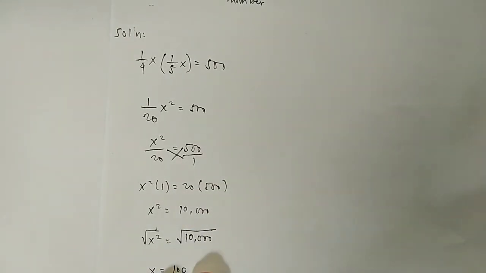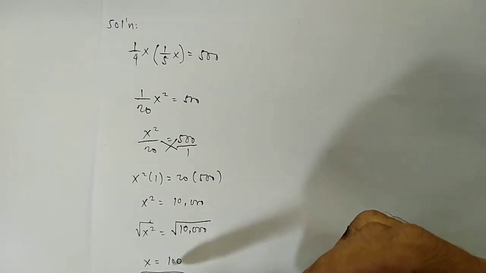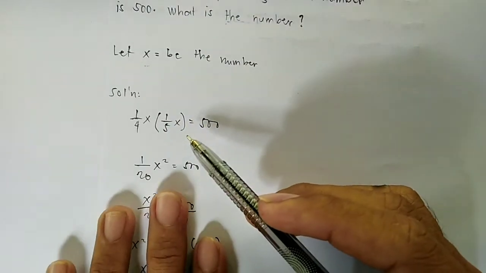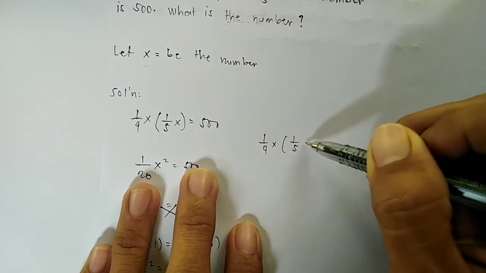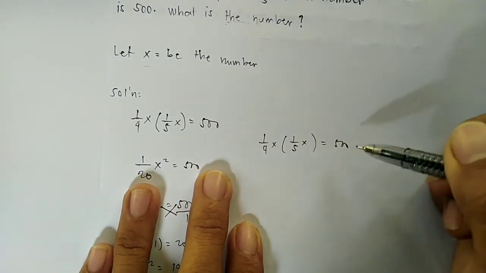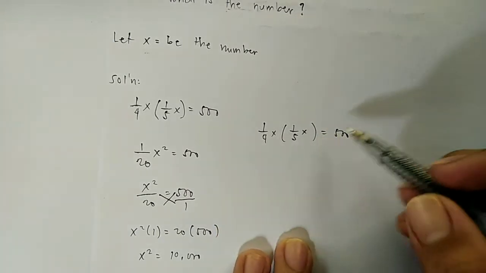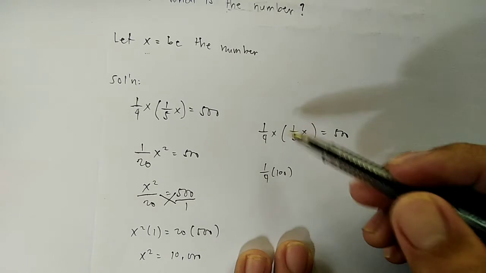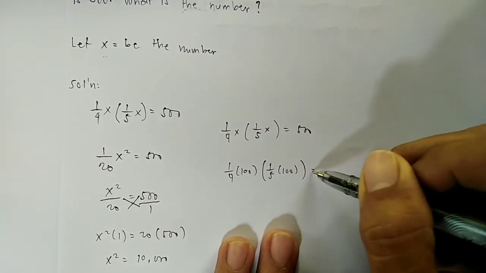To check if this is really the number the problem is asking for, substitute the value of x, which is 100, into the expression we formed earlier: 1/4 x multiplied by 1/5 x should be equal to 500.